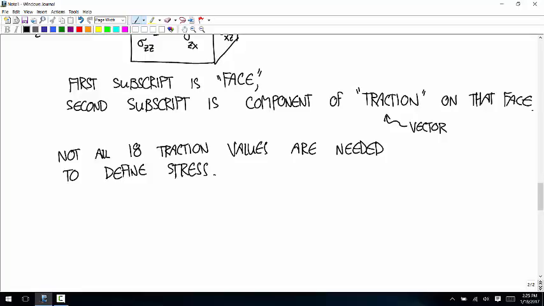The first analysis is based on Newton's second law.